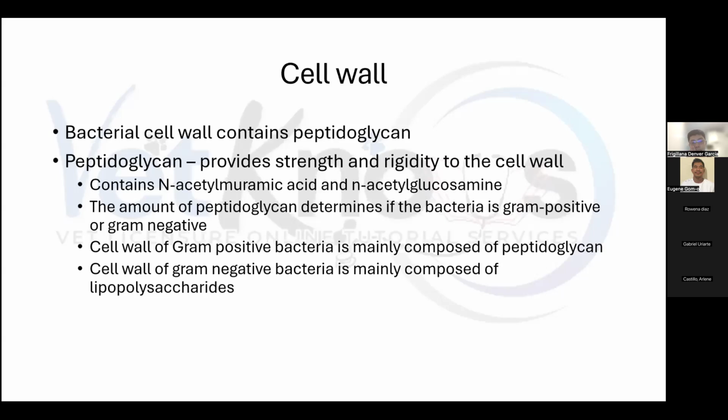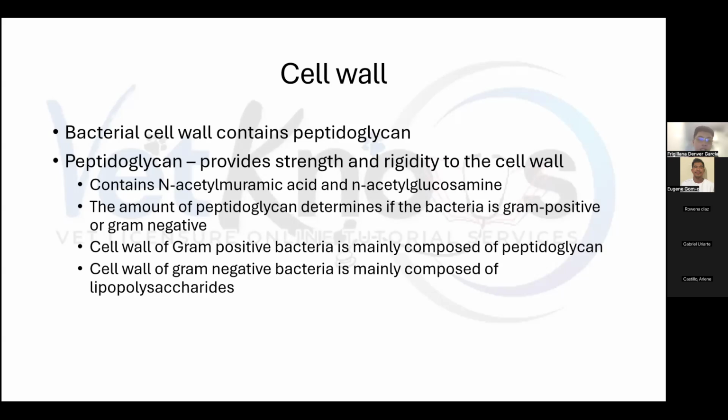So first one would be the cell wall. It's very important for classification as well as bacterial control. So the bacterial cell wall contains peptidoglycans. So regardless if it is gram-positive or gram-negative, peptidoglycan is present. Amount lang ang nagdi-differ. So for gram-positive cells, peptidoglycan is more abundant as compared to your gram-negative cells. Gram-negative cell wall contains more lipopolysaccharide.